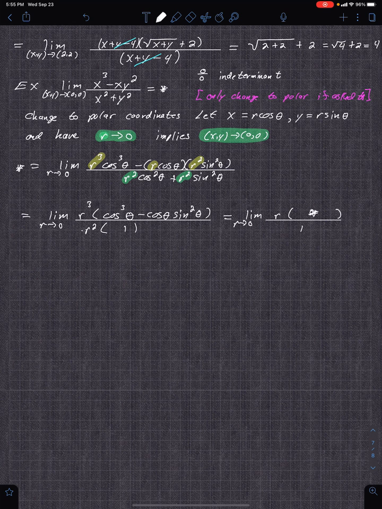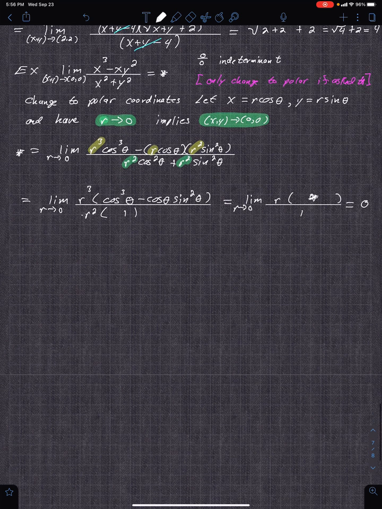Whatever's here, it doesn't matter because theta does not change what the function's approaching, and so you just get 0. There's a few like that in the book that you'll be asked to do, or if I ask you to do it. Otherwise, we're using other techniques. Okay, next one.